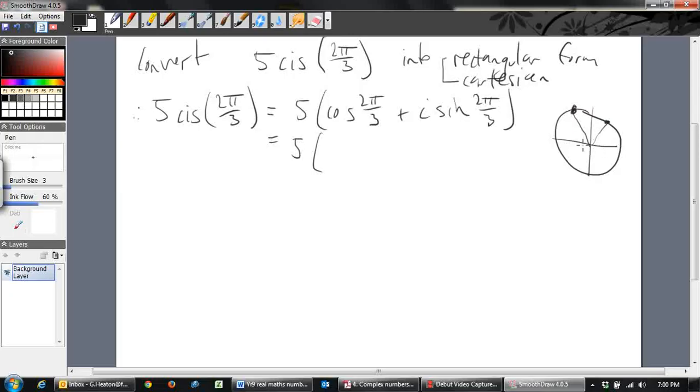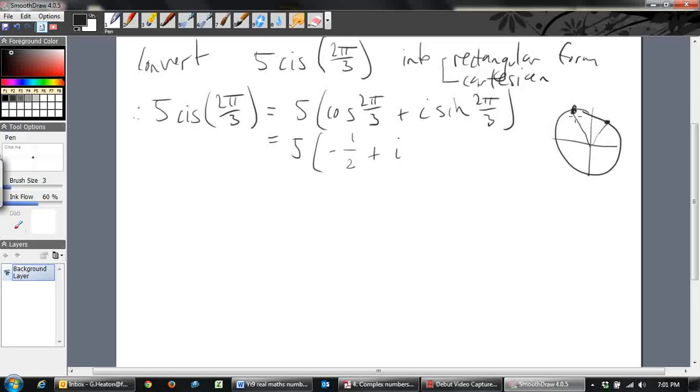There the cos is positive, here cos is negative. What's the cos of pi on 3? Cos of pi on 3 is equal to half. So what will the cos of 2 pi on 3 be? It'll be negative half. Fantastic. So we've got negative half there.